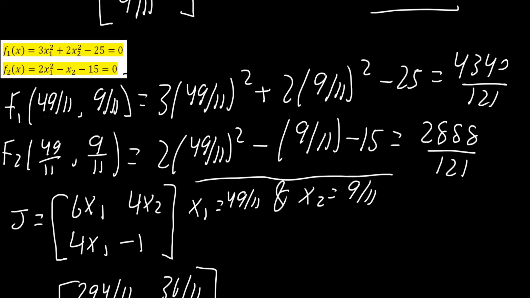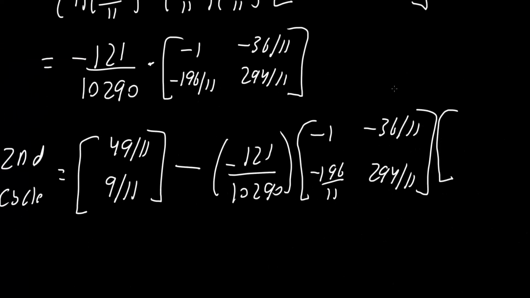Then we'll multiply that by these two numbers when we did F1 where we changed the new cycle. So these two numbers here. So we write that down. 4340 over 121 and 2888 divided by 121.